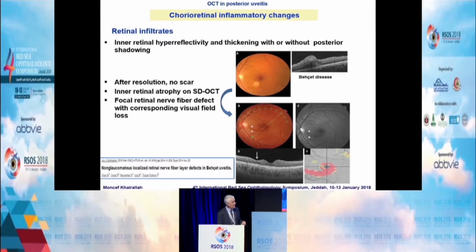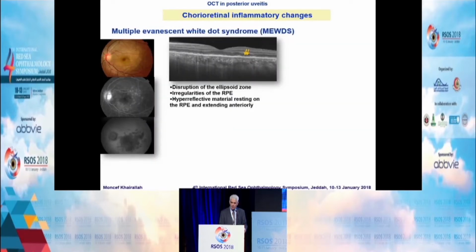And you can see, after resolution of the retinal infiltrates, the absence of visible scar, the presence of inner retinal atrophy on spectral domain OCT, and the focal retinal nerve fiber defect with corresponding visual field loss.